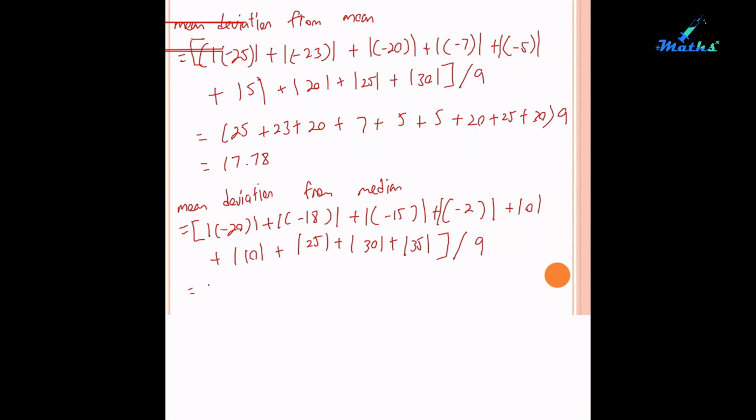So it will be 20 plus 18 plus 15 plus 2 plus 10 plus 25 plus 30 plus 35 divided by 9. So the mean deviation from median is equal to 17.22.